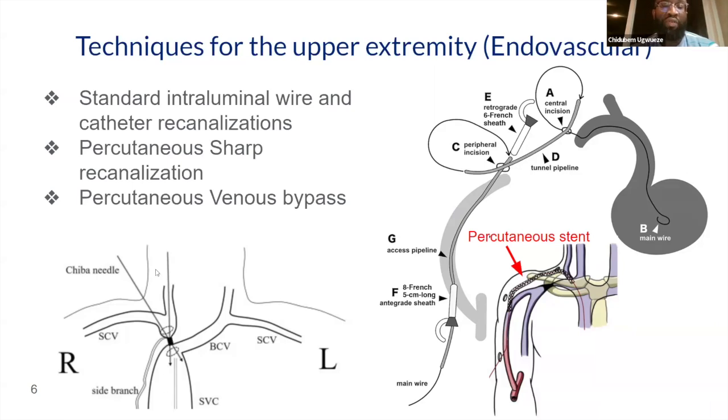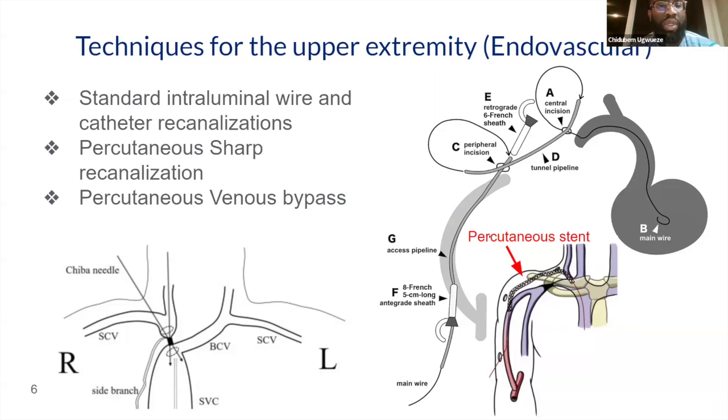In this example, you have needle access either through the subclavian vein or through the IJ, and you stick that needle through the brachiocephalic vein into a snare or a target in the superior vena cava. And once you have that needle access, you can get a wire through and put a balloon and put a stent. Again, that's just a brief overview. I'll go over a couple of cases of that in slight detail a little later.